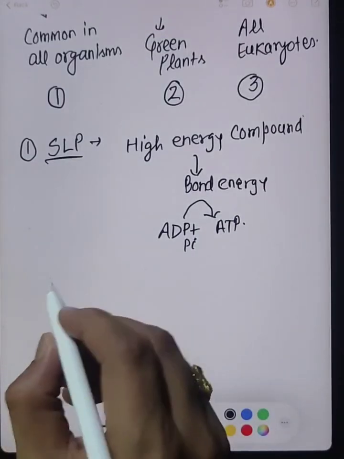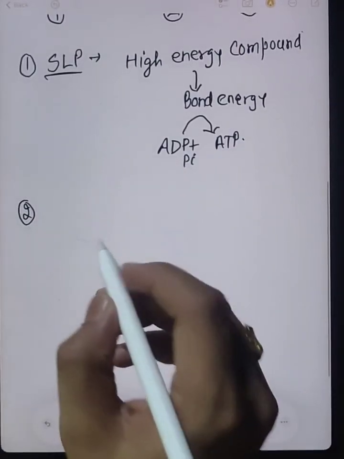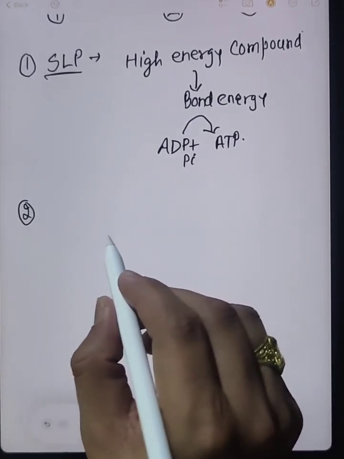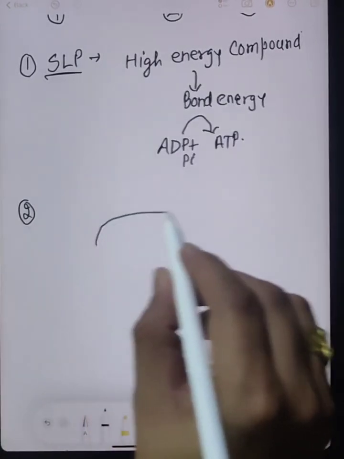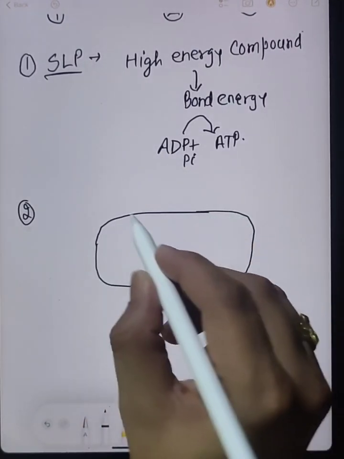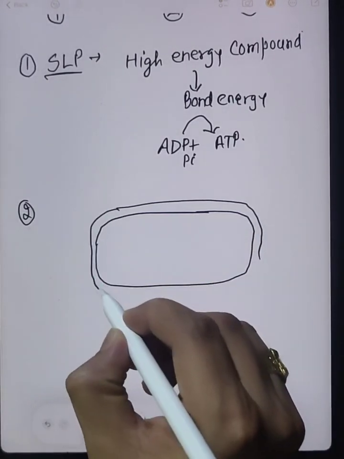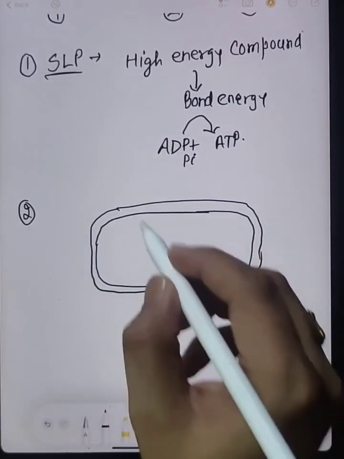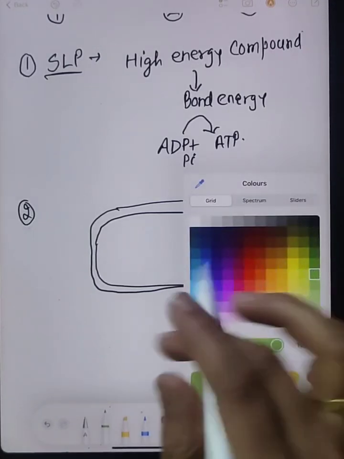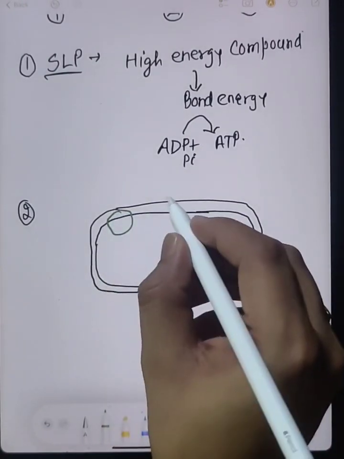While in the second activity, photophosphorylation, it means that in chloroplast, if you talk about the thylakoid membrane, you can understand it in a clear way. This is the thylakoid membrane, and these are photosystems.